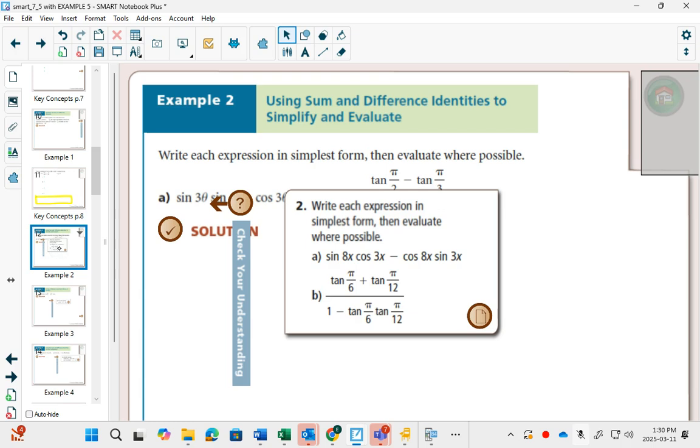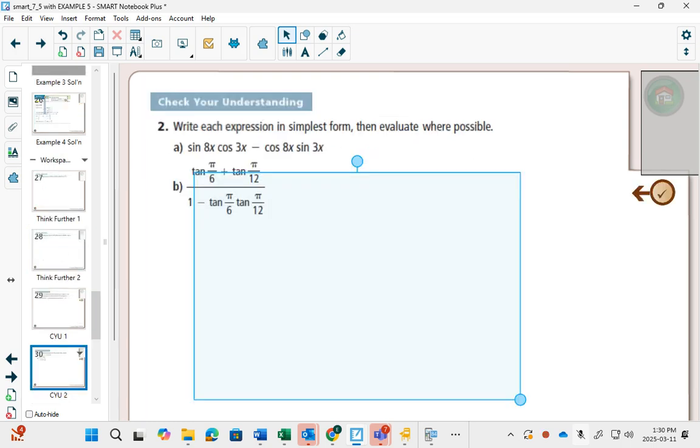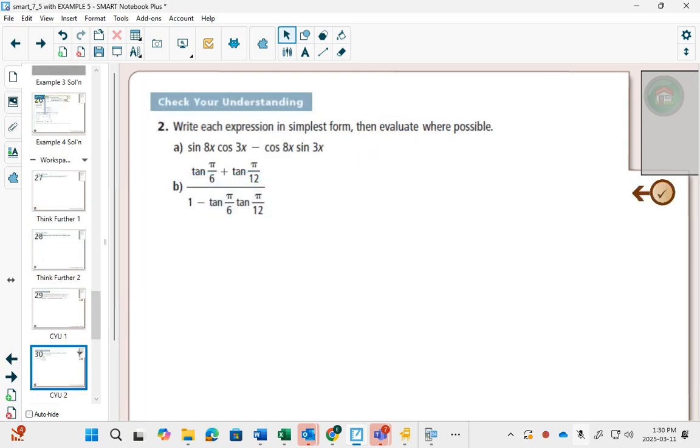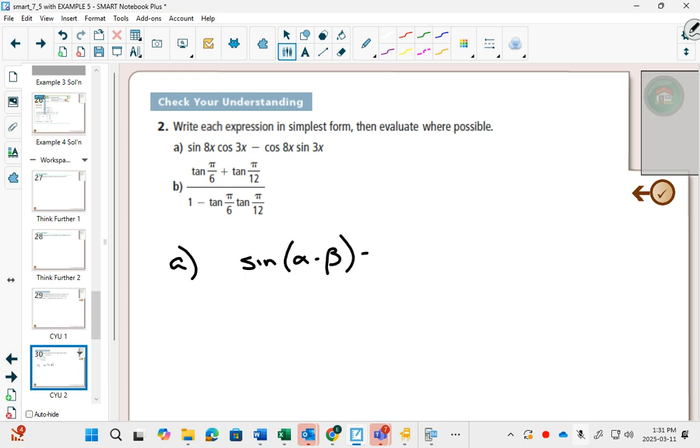Example 2 is about recognizing, hey, this looks like one of my formulas. Sine cos minus cos sine. I look on my formula sheet, and I have that sine of alpha minus beta fits this sine cos minus cos sine.